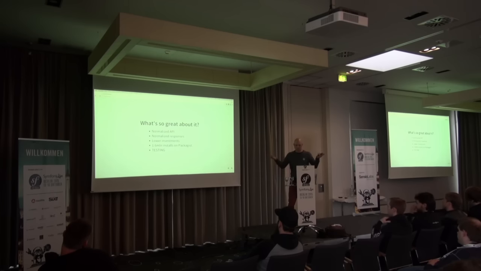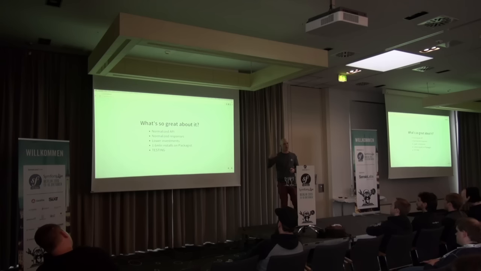So what's great about it? You've got a normalized API, you've got normalized responses. It's a lower investment. You don't have to know everything about the SDK. Filesystem will actually take care of common gotchas for you, like that MIME tag that you need to specify.